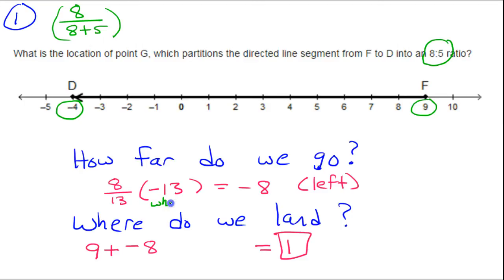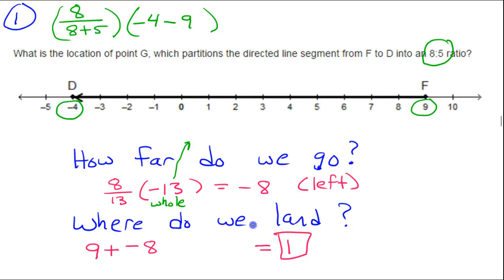Remember, this was the whole distance. It turned out to be -13, but remember where this came from. We learned that we could find the distance by simply taking the first number minus the second number. So we just did -4 minus 9. And that gave us the -8. That told us how far we would go.